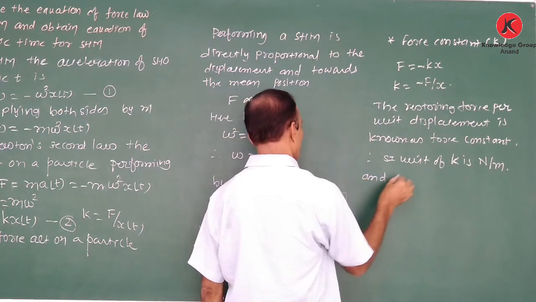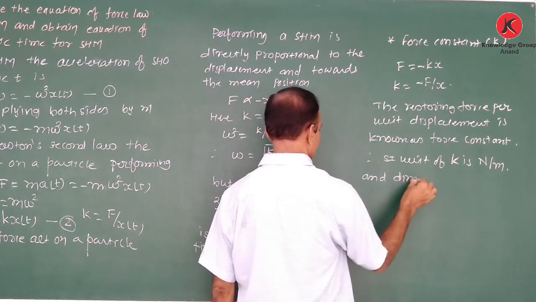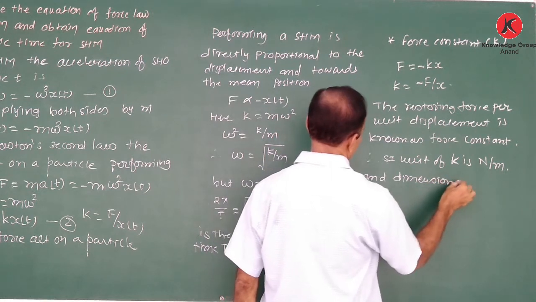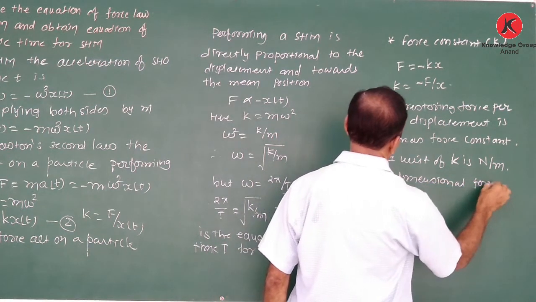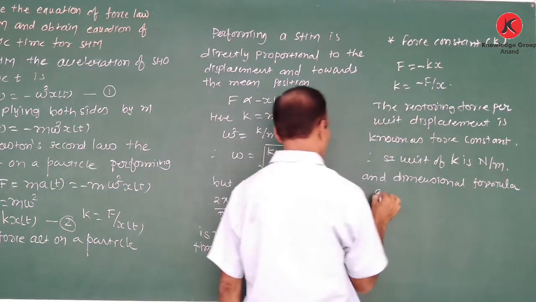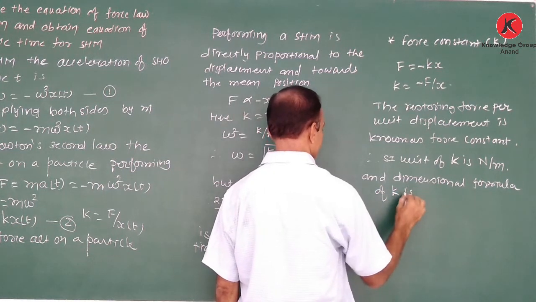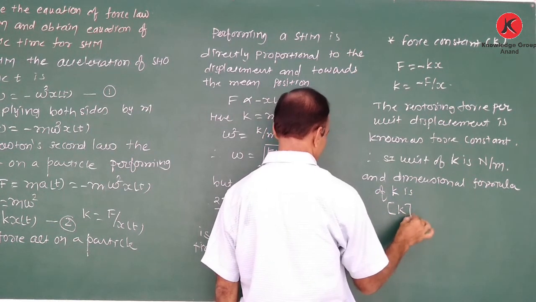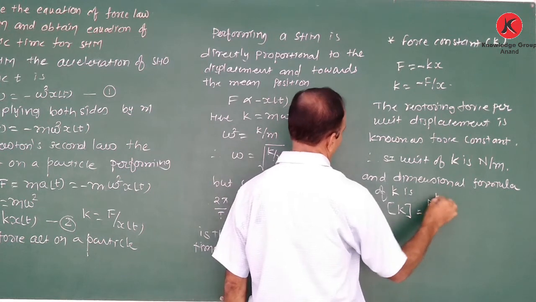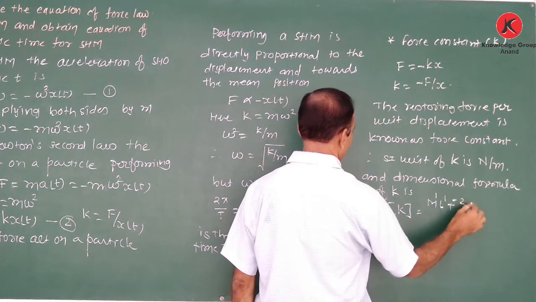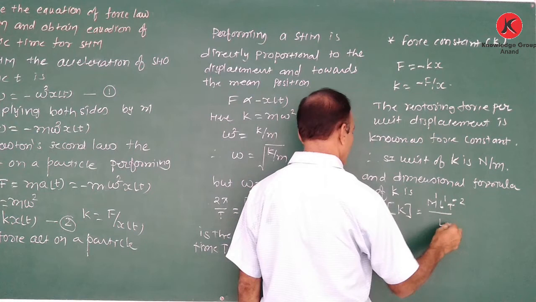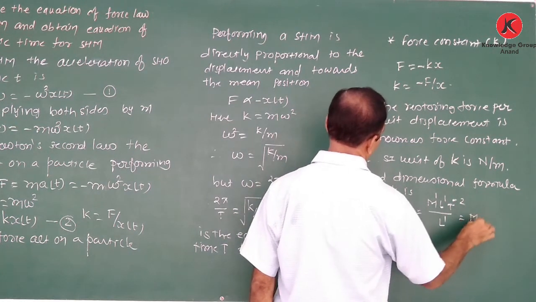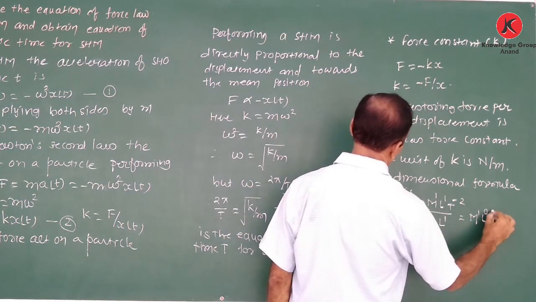And the dimensional formula of k is Newton, M1 L1 T minus 2, upon L1. Therefore, M1 L0 T minus 2.